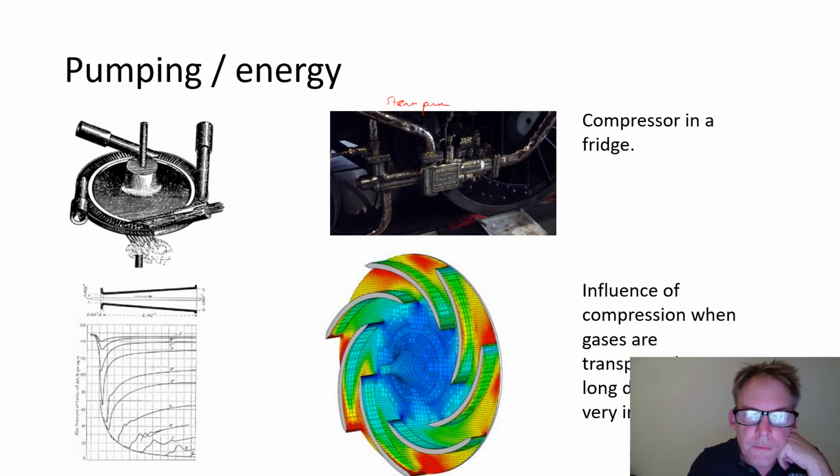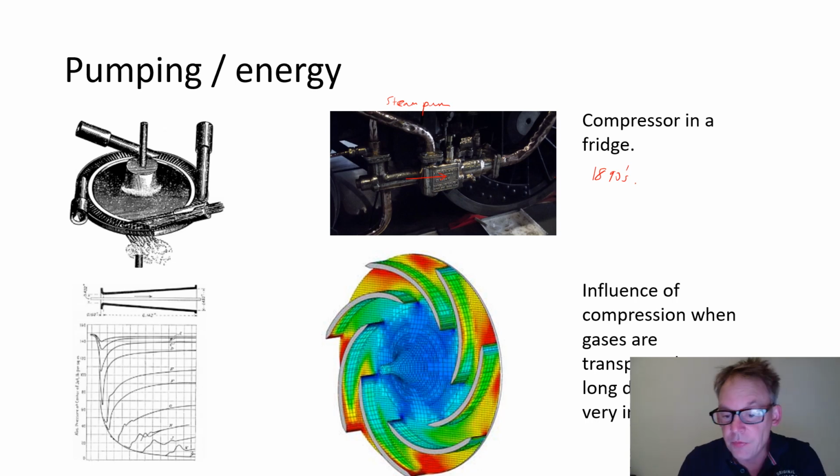I forget this, but I think there's a steam injector which entrains ambient gas, and I don't know if it's here to create a vacuum or here to pump, but I think this is probably an old design from the 1890s. But gas compression is quite important for pumping and the conveyance in long pipes. It's a fundamental part of engineering, so not only transport, but transport of gases and liquids.